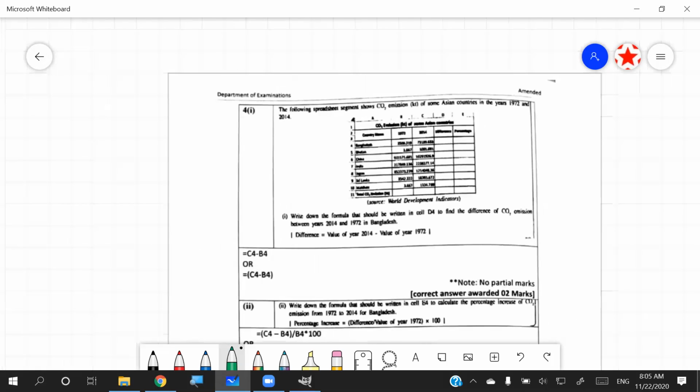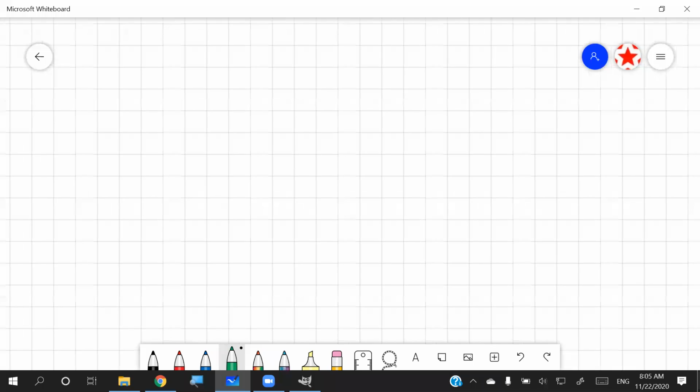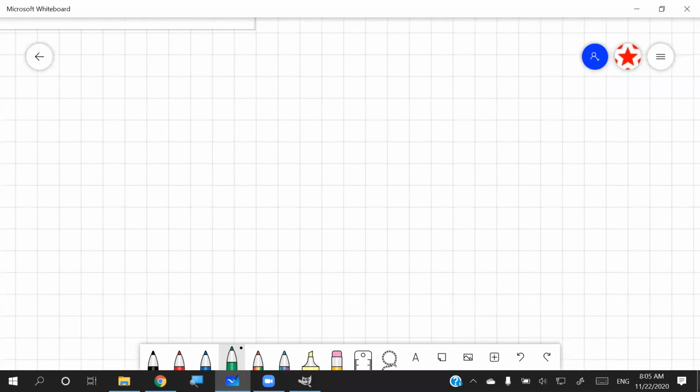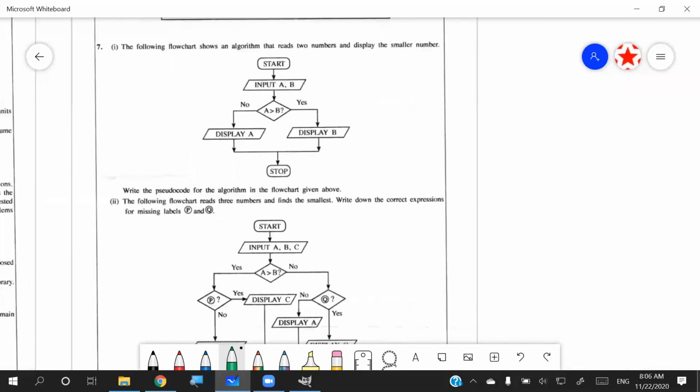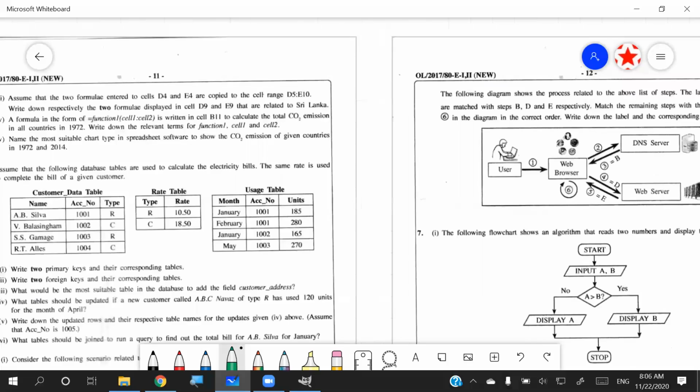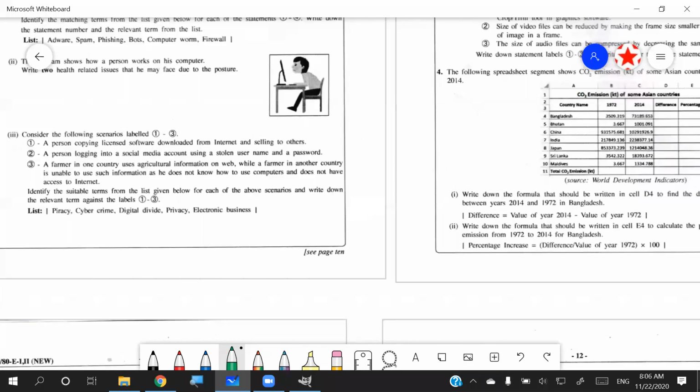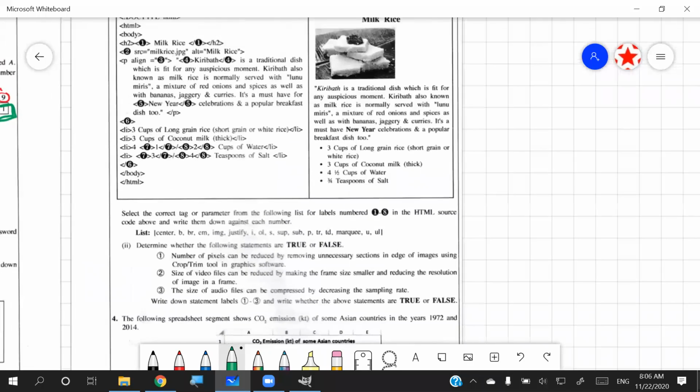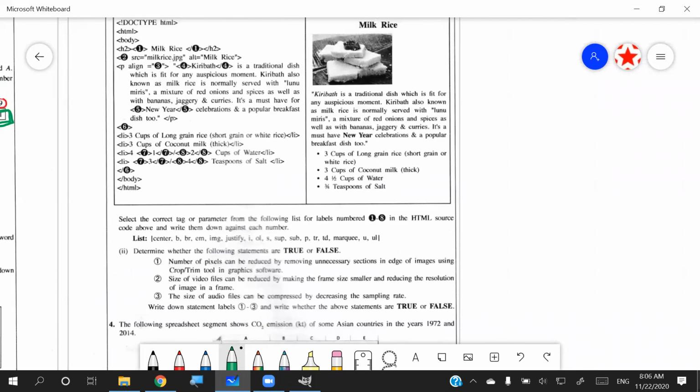Oh, let me refer to the question. 1 is superscript and 2 is subscript.